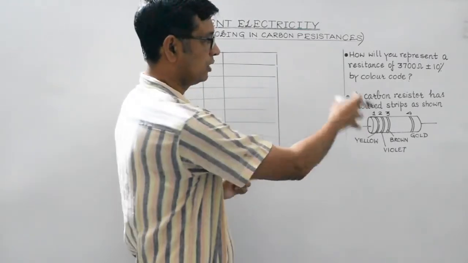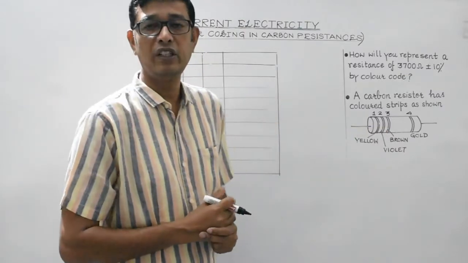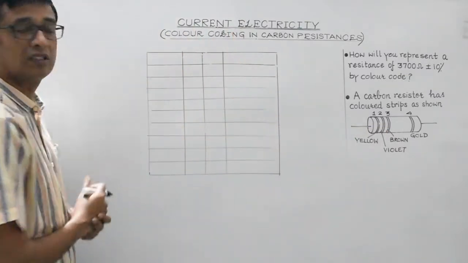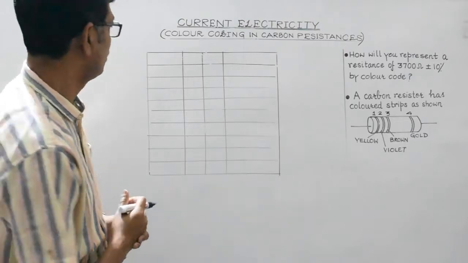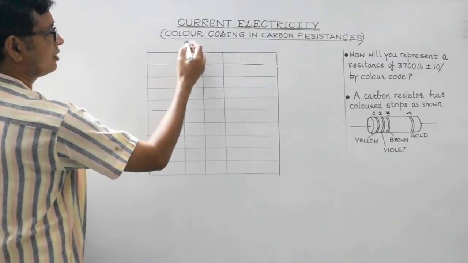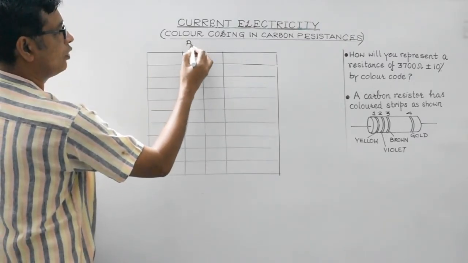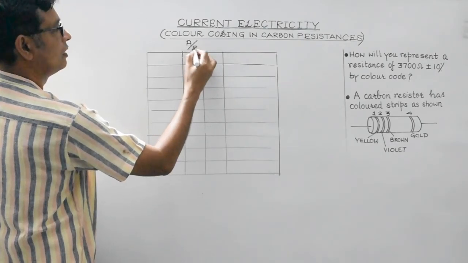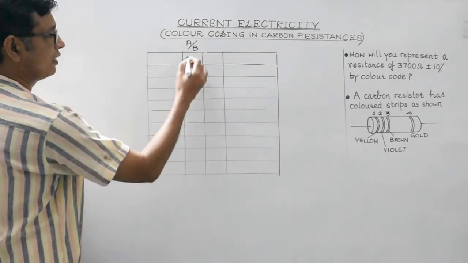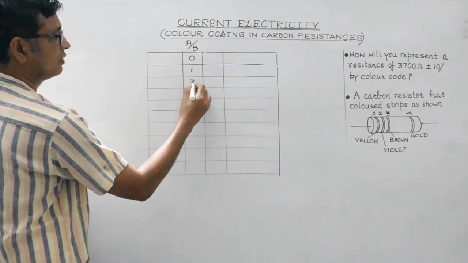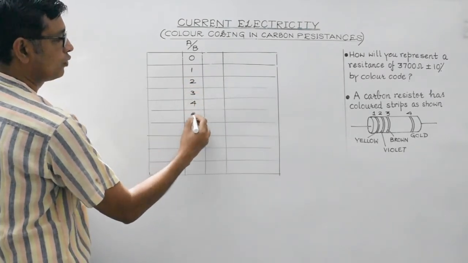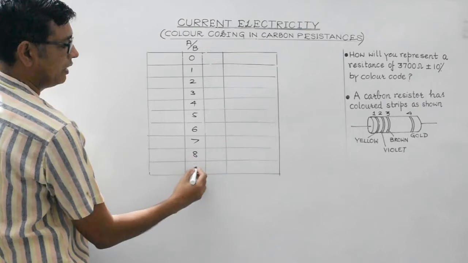Before we proceed with the examples, we need to get along with this table. This is for ring A or B, the first 2 significant figures, so we write from 0 to 9: 0, 1, 2, 3, 4, 5, 6, 7, 8, 9.